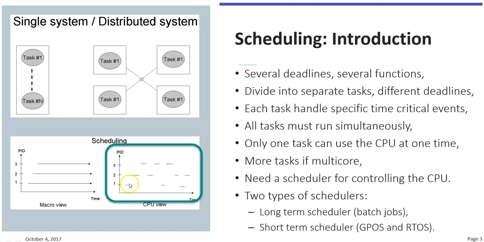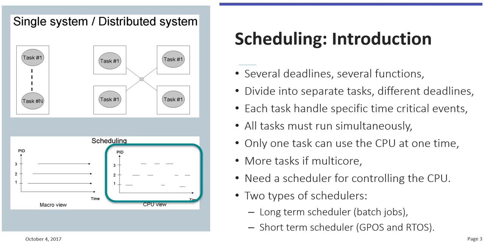First task number 1, then task number 2, 1, 3, 2, 1, and then 2 again. And you also notice that the length is different. Normally they are equal, but you have some that are shorter. And we will come back to that. And this is the way that both real-time operating systems and general purpose operating systems work.